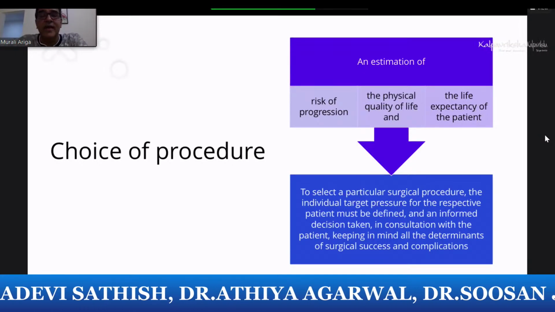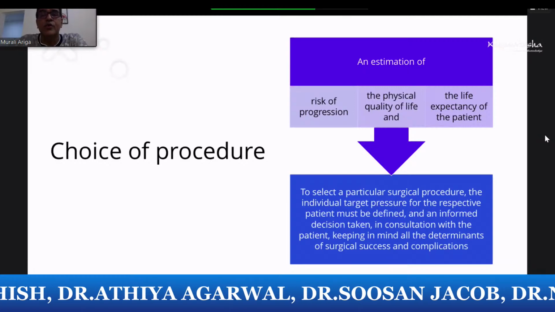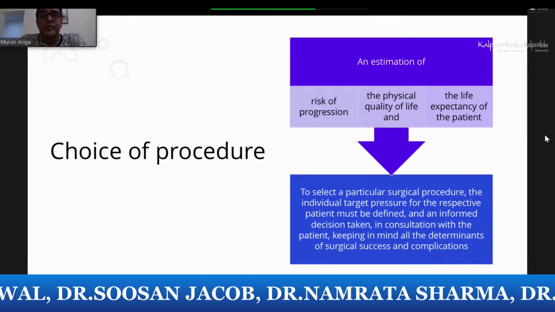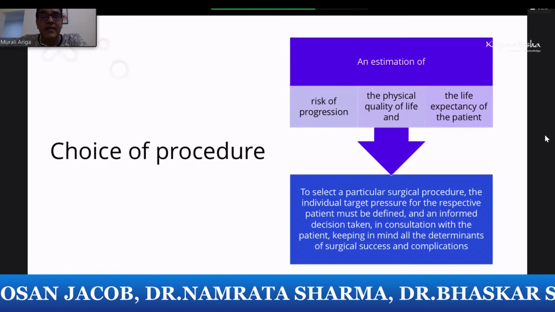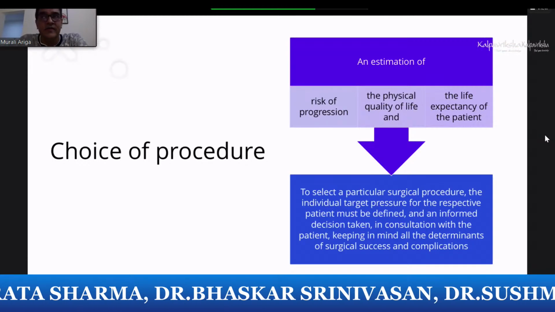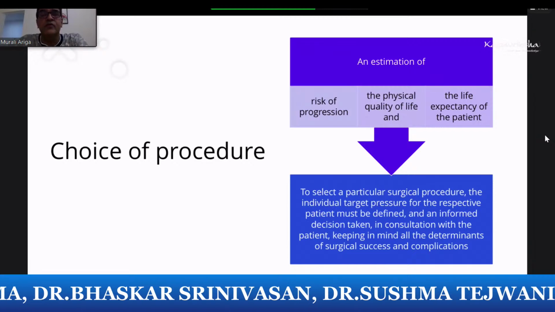Always have the patient partner with you in the treatment. You are not imposing any treatment on the patient until the patient and their attenders understand the procedure, the risks and complications involved, the surgical success, and which method would suit which patient.